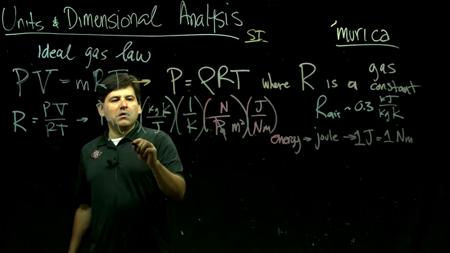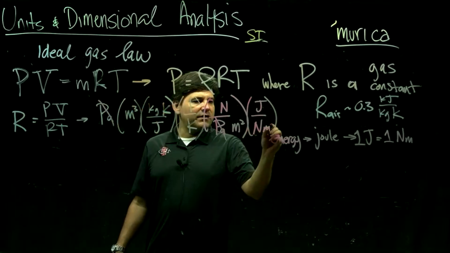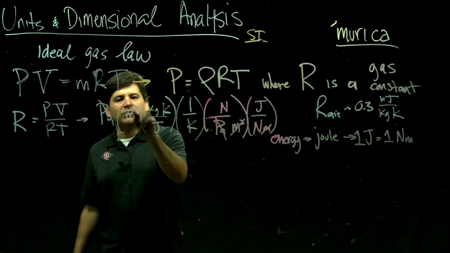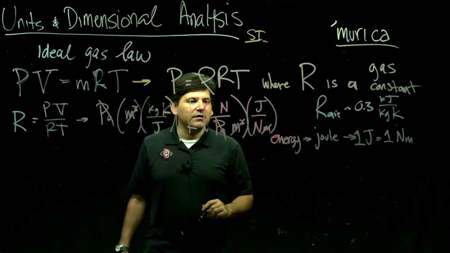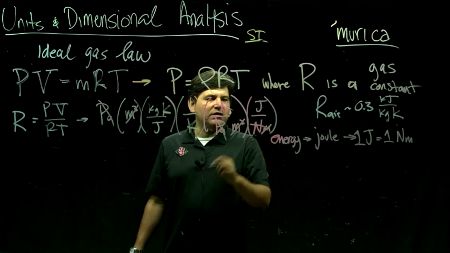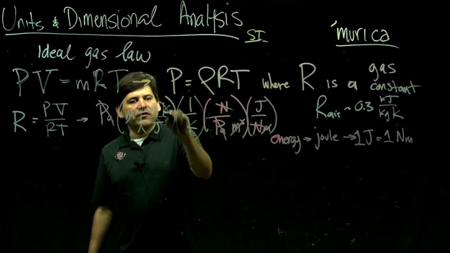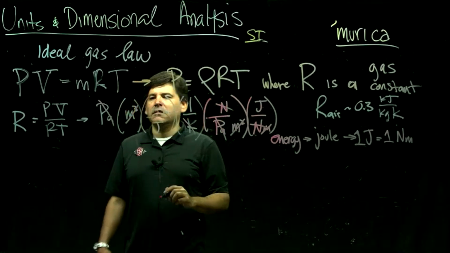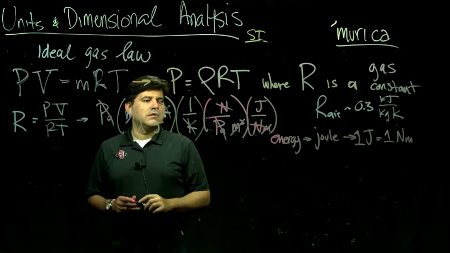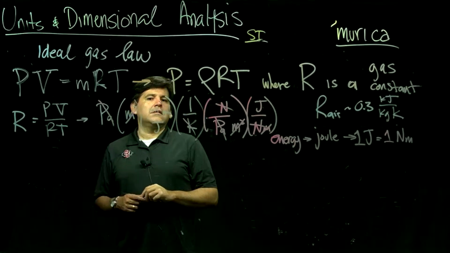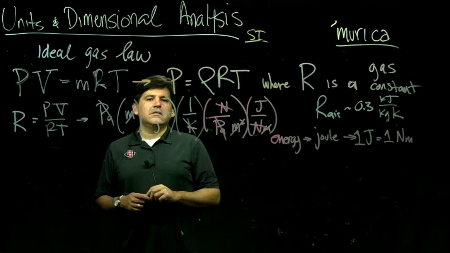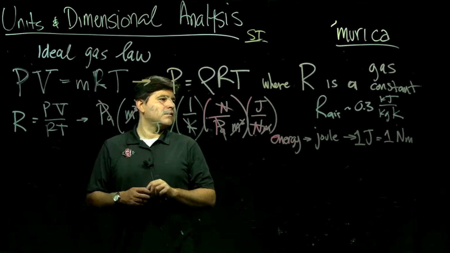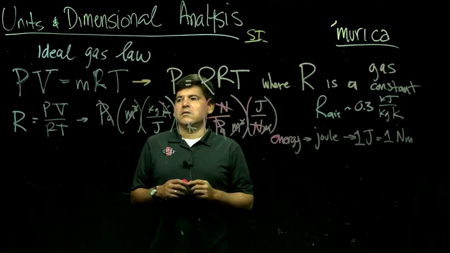So here we have meter squared, so this meters cubed cancels out. There's no more meters left. Here, Newton cancels out. Kelvin here cancels out here. Joules per kilogram. Wait, what am I doing here?